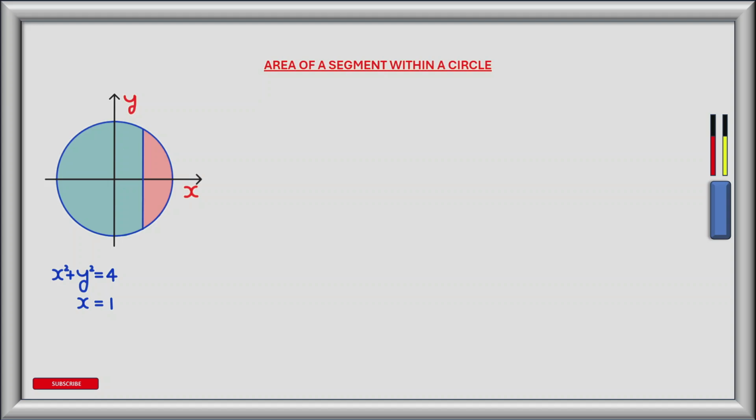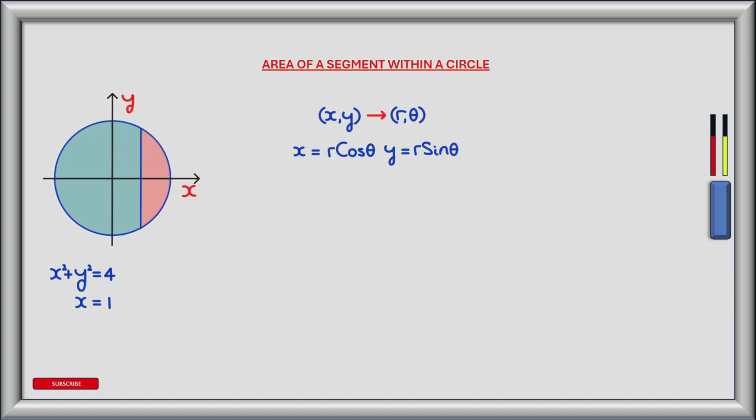The first step in finding the area is to convert the equations of the circle and the vertical line from Cartesian coordinates to polar coordinates. To do this, we'll substitute r cosθ for x and r sinθ for y. Beginning with the circle, we have x² + y² = 4.